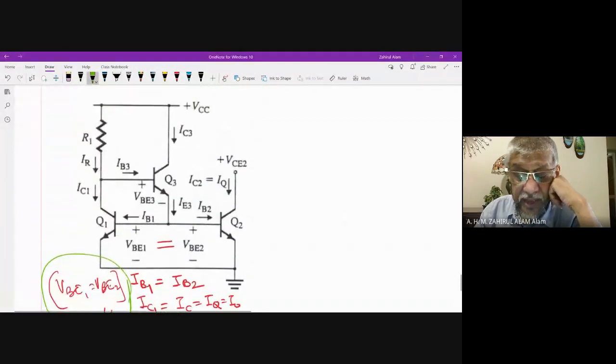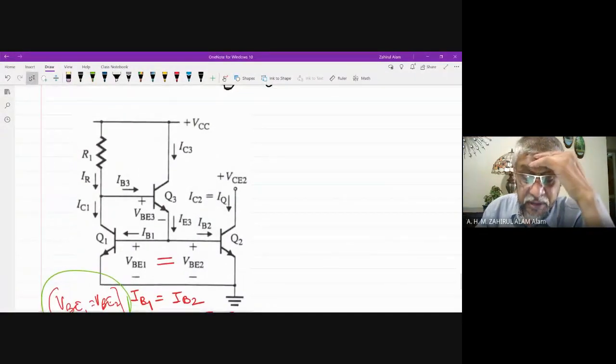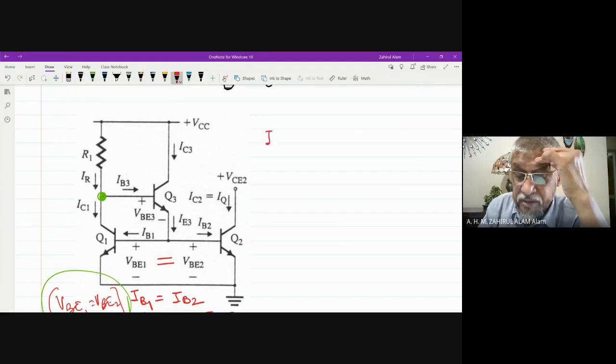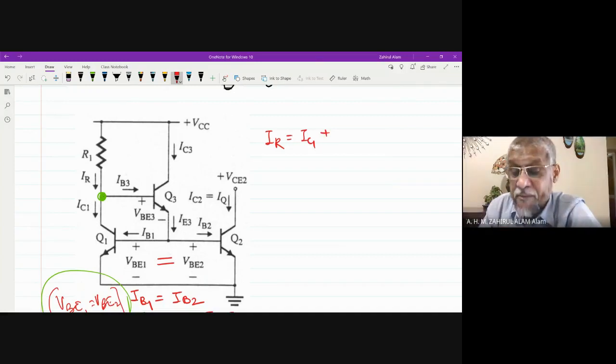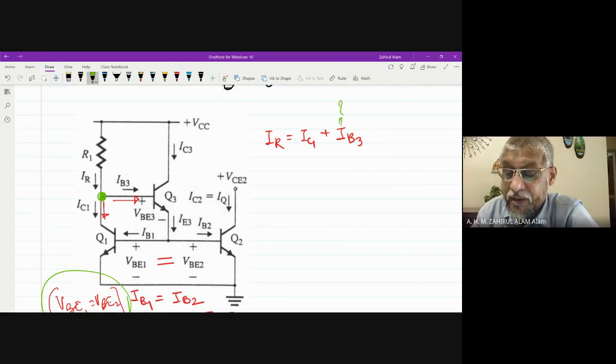So now based on this, we can state this one. Now we need to find the relationship. Previously we applied KCL at this node. If we apply KCL at this node, then IR is equal to IC1 plus IB3. So now we need to find the value of IB3.